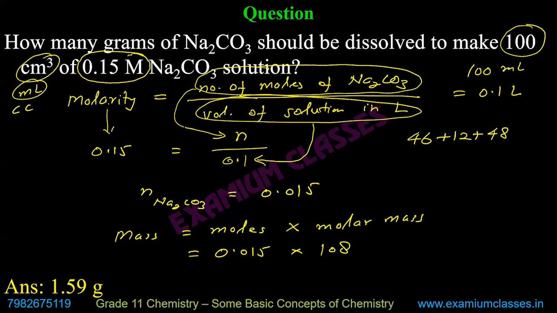Okay. And your answer is correct, 1.59, because if it would have been 0.015 into 100, then it would have been 1.5. Now it is slightly more than 1.5. It means 1.59 is the correct answer. This approximation technique is very useful in objective type questions. As I have told you in earlier classes, in objective type questions in competitive examinations, toppers don't do calculations every time.